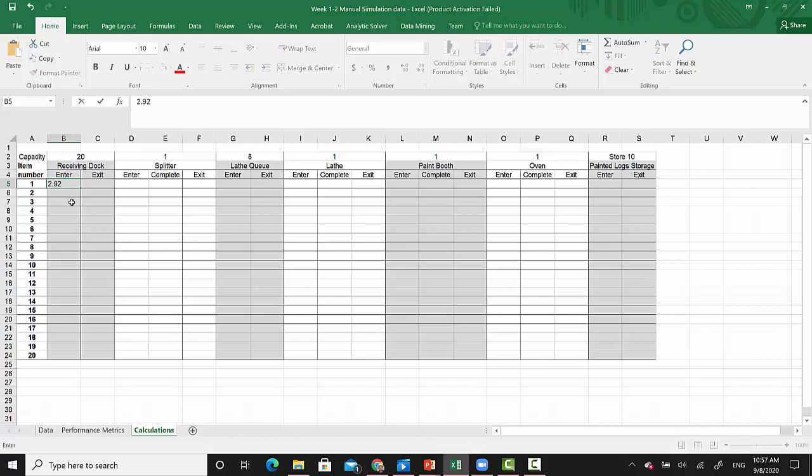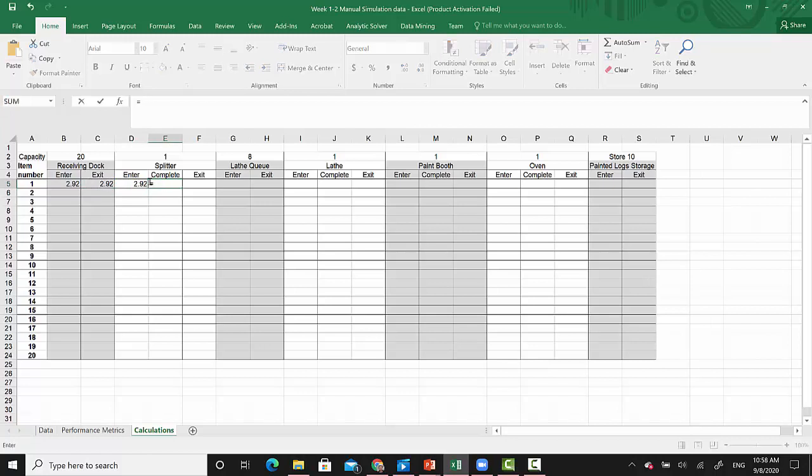Okay, and when it exits the receiving dock, since this is the first item in the system, it can exit right away. So it really equals its enter time, and then it will enter into the splitter right away.